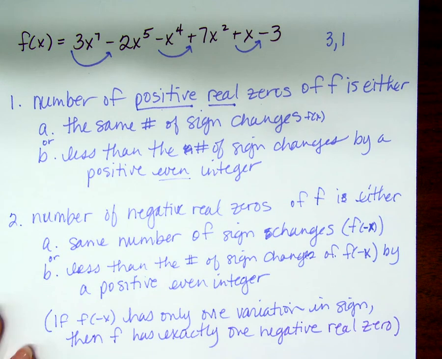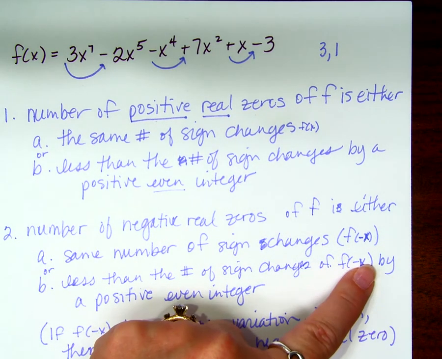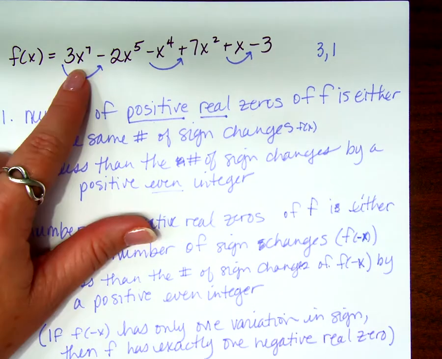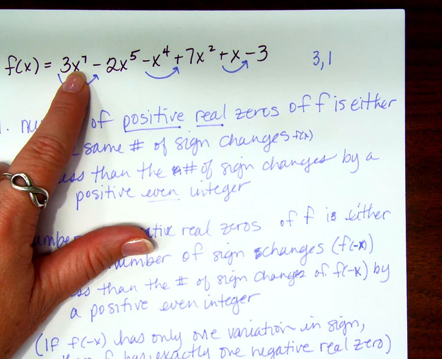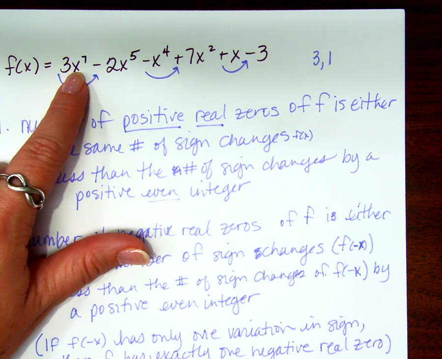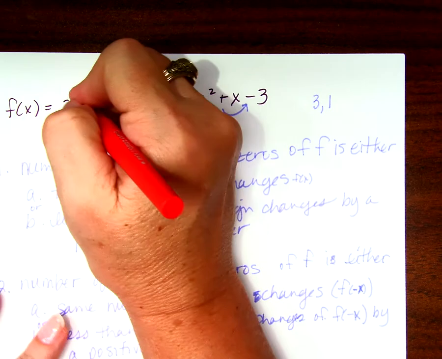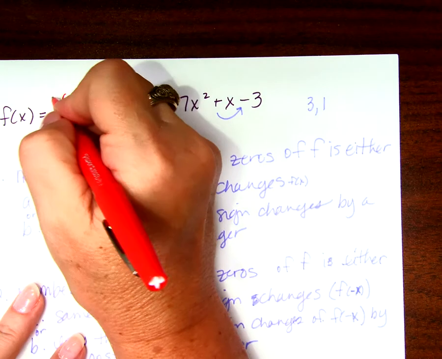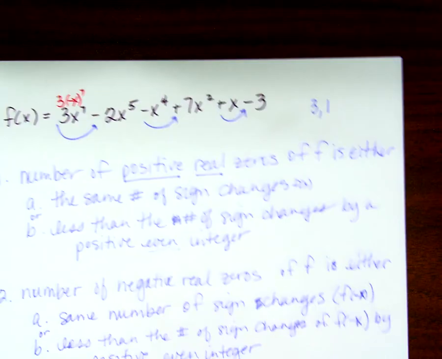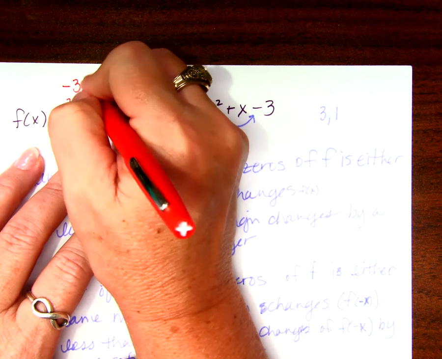So if we look back at this problem up here, let's talk about f of negative x. That means I'm going to take this whole problem right here, and instead of having an x, I'm going to put a negative x, and see if that changes the sign. If I put a negative x to the 7th, does that keep the 3 positive, or is it going to be a negative 3? It's going to be negative, so that ends up being negative 3x to the 7th.